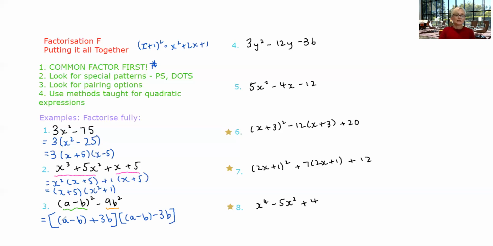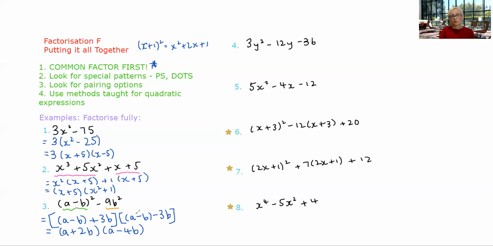Now technically I didn't have to put those inner brackets there because there's really just a 1 multiplying that, and there's nothing out the front of here, so we're all good there anyway. A plus 3b minus b is a plus 2b, just collecting our like terms there. A minus b minus 3 more b's is a minus 4b.